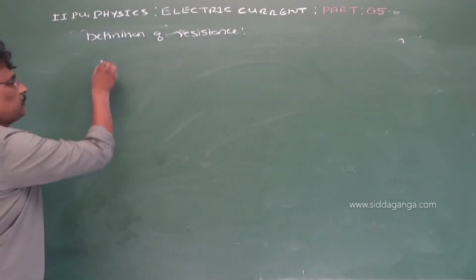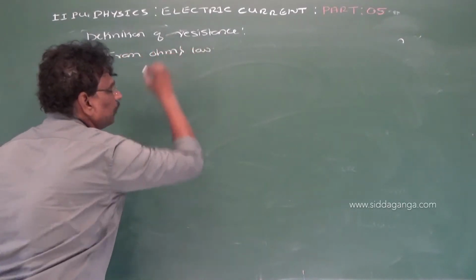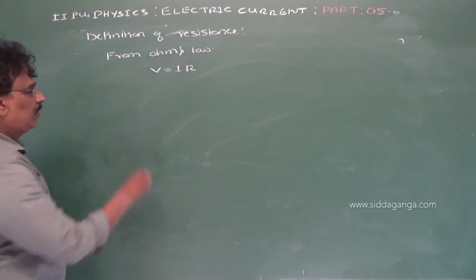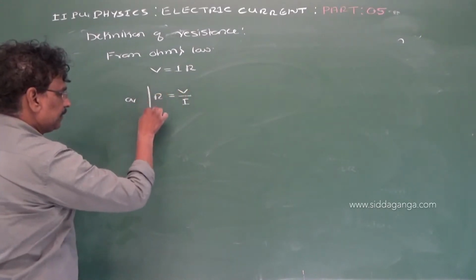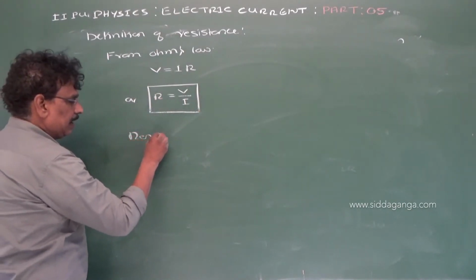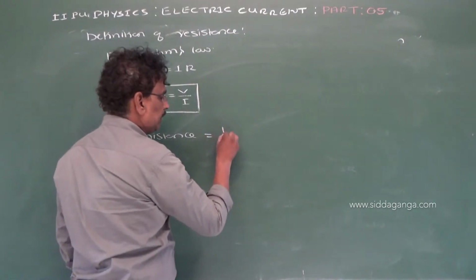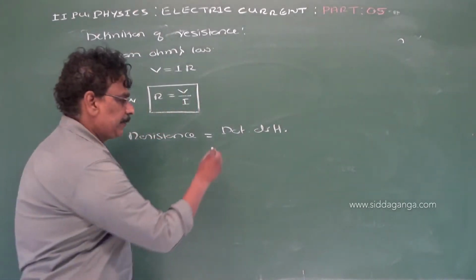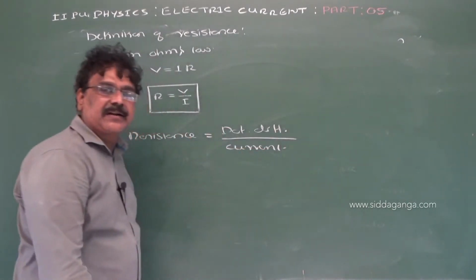From Ohm's law, we have V is equal to IR, or R is equal to V by I. Where R is the resistance of the conductor, V is the potential difference between the ends of the conductor, and I is the current flowing through the conductor.